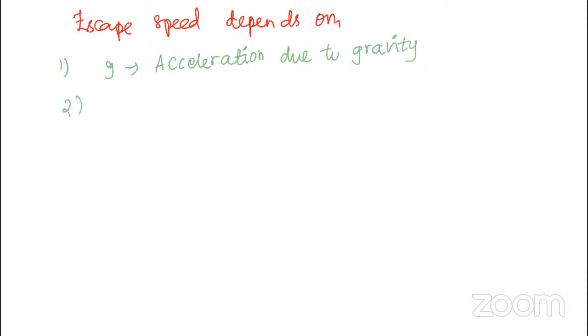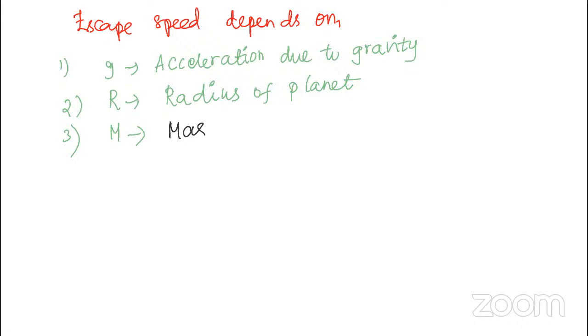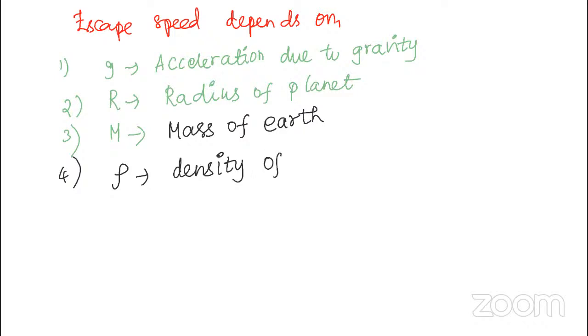Then the radius of the planet, and M, the mass of the earth, and fourth, the density of the planet.